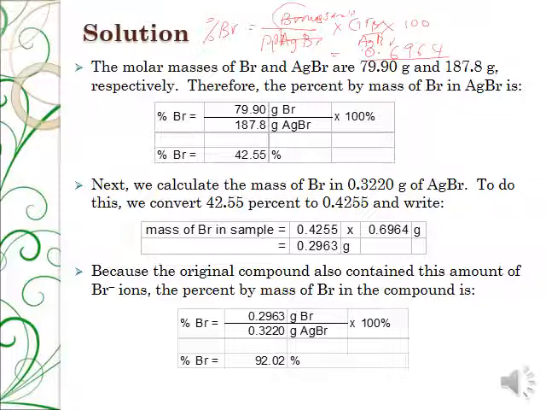So here is 0.322 times the gravimetric factor, which is bromide and silver bromide. The ratio is 1 to 1, so it shouldn't be a problem. So 79.9 over 187.8 times 100. So we should get 92.02%.